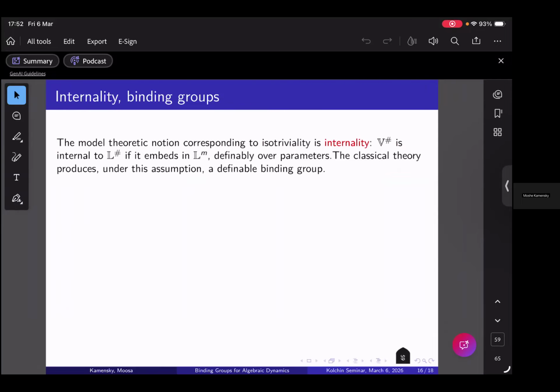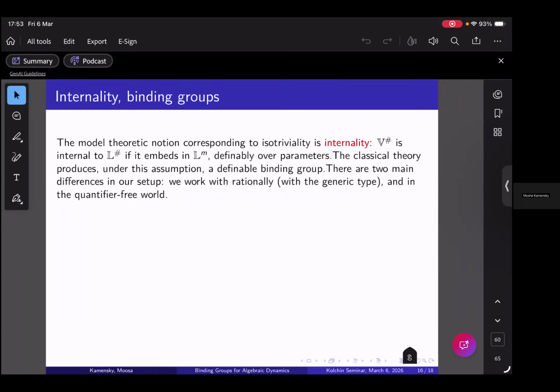Now the problem is, so why is it important? Because in a completely abstract way, one produces a definable binding group, a definable Galois group, which is analogous to the group that I'm talking about.